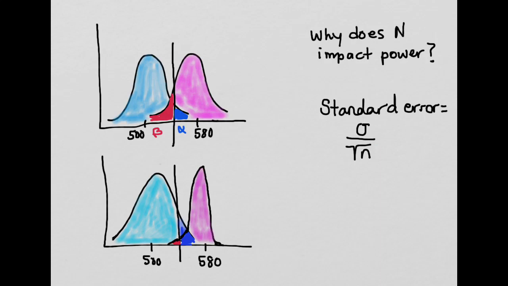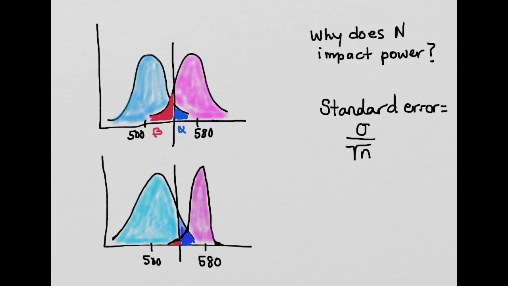So taking advantage of these relationships, researchers can determine how big the sample size has to be in order to attain 80% power. So the standard level of power is 80%, meaning that beta is 0.2.